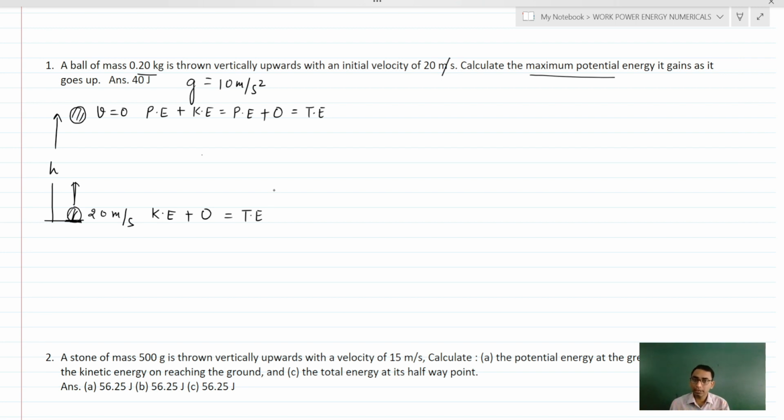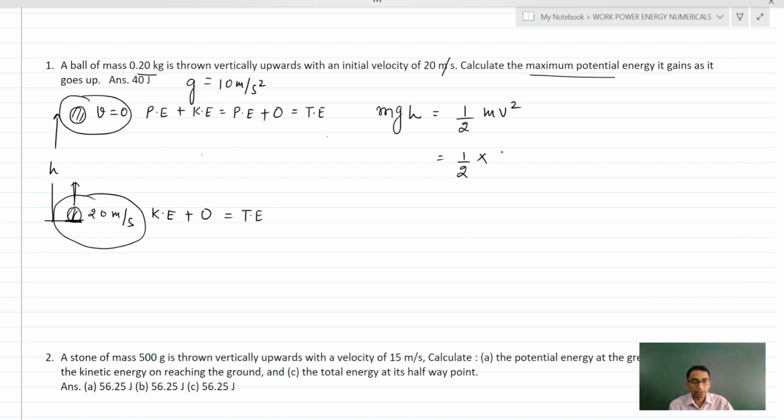We are not going to consider any air resistance during the motion. So the total energy at the top is equal to the total energy at the bottom. That means mgh equals half mv squared. This is half times the mass, 0.2, times 20 squared.